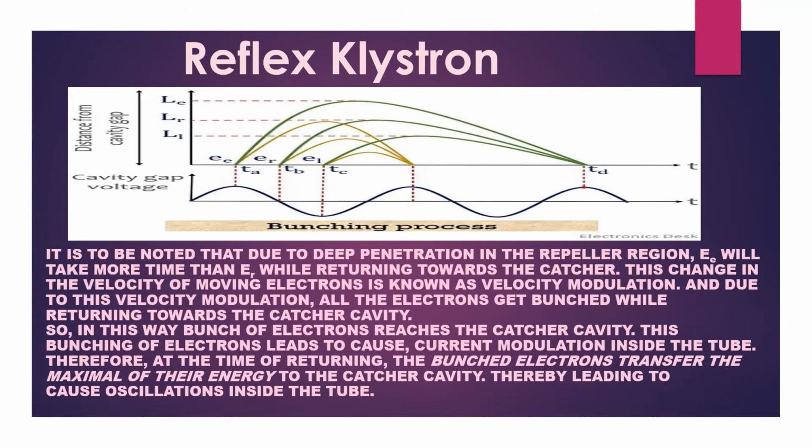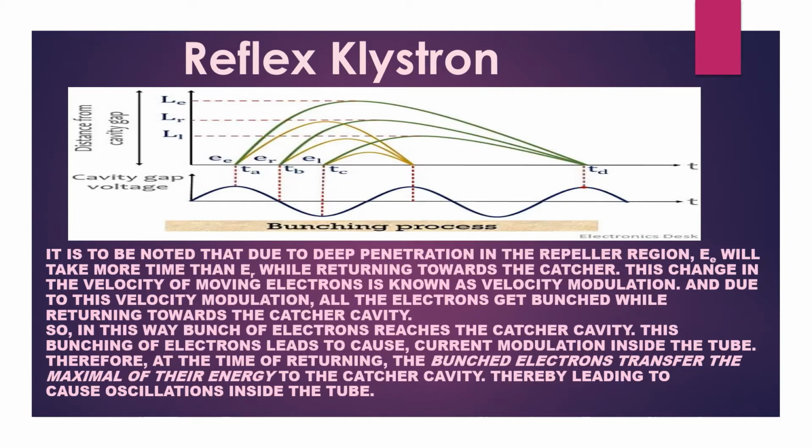Now in this figure, what you can see on the x-axis, in the above diagram, we can say, is the distance from the cavity gap, mentioned as LL, LR, LE. What you can see is there are three types of electrons: EE, ER, EL. They are moving towards the repeller electrode.